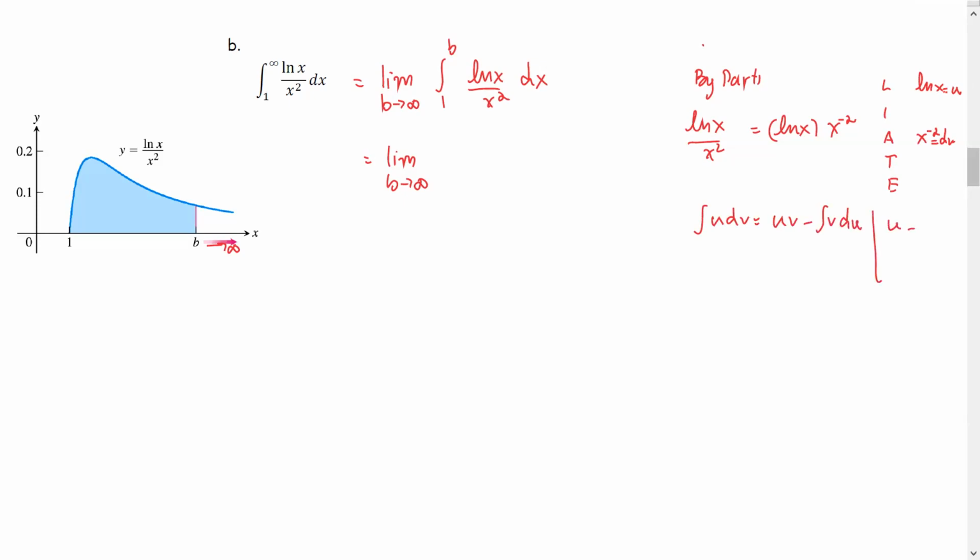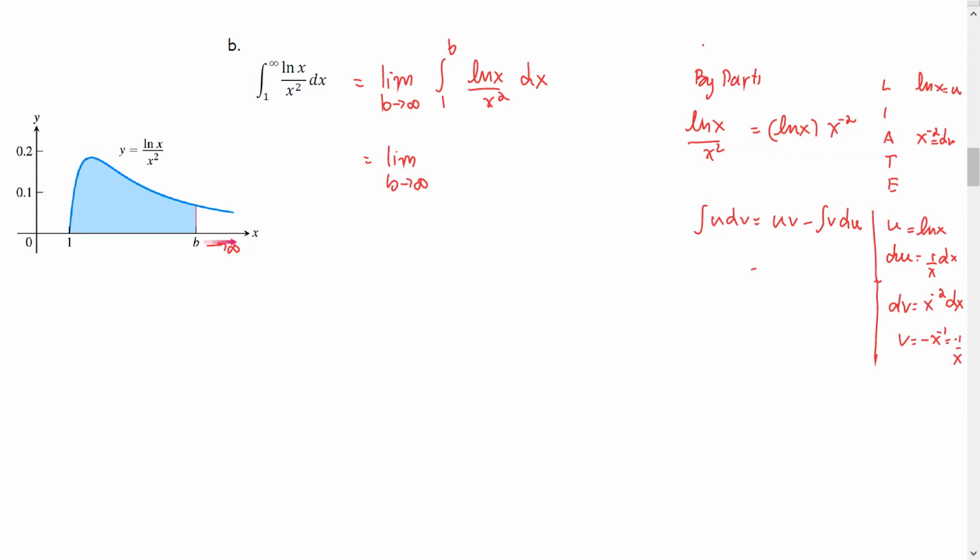For u equals natural log x, du is 1 over x dx, and dv is x to the negative second dx. v is the antiderivative of x to the negative second, which is negative x to the negative first, or negative 1 over x.